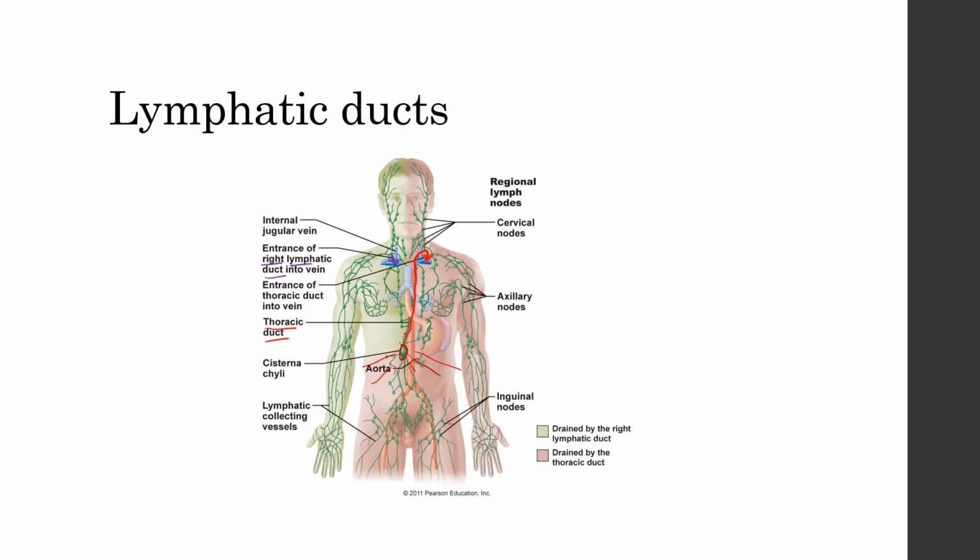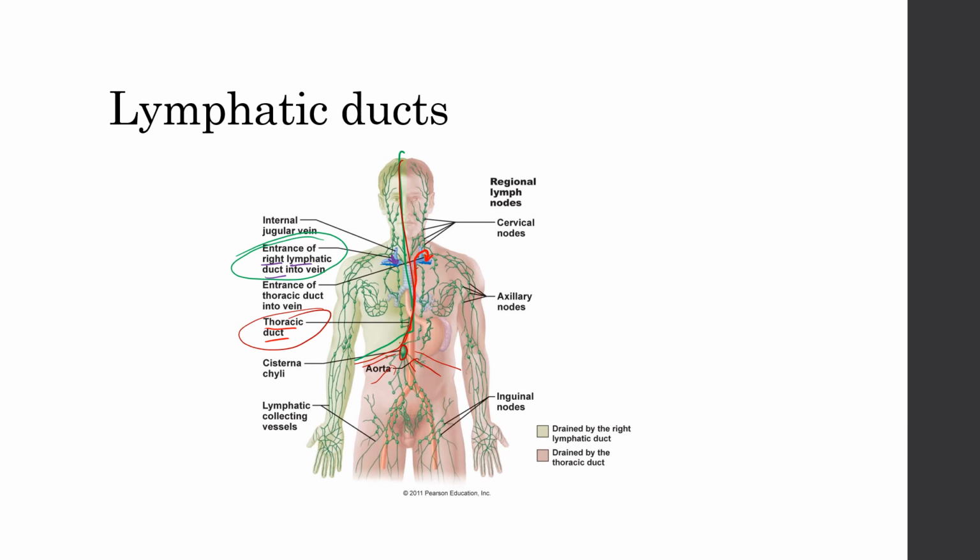Now what you'll notice in this drawing is that they've color-coded the body. The green quarter of the body drains into the right lymphatic duct. The pink or reddish three-quarters of the body drains into the thoracic duct. Not quite fair, but that's the way the body works.